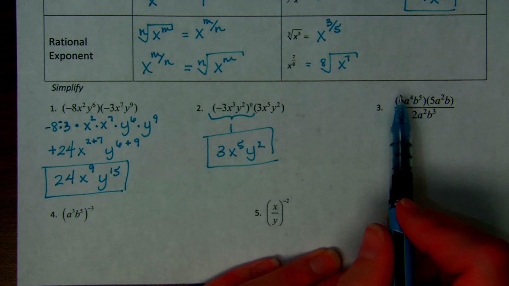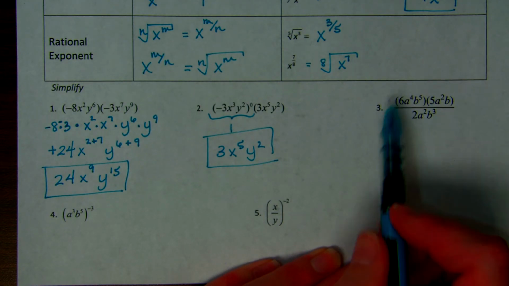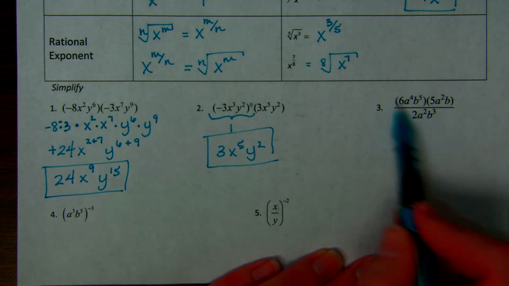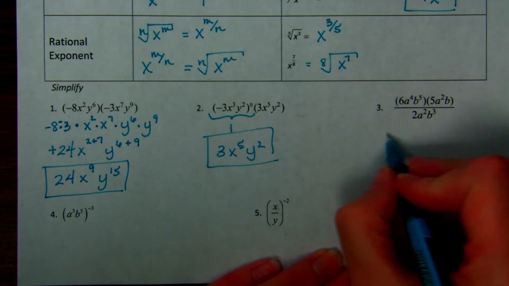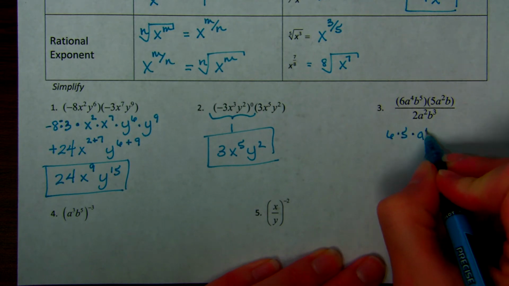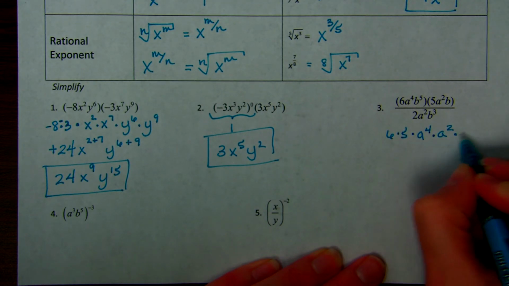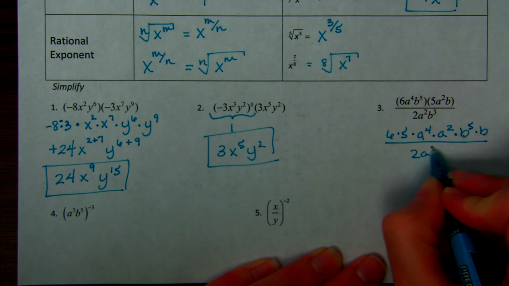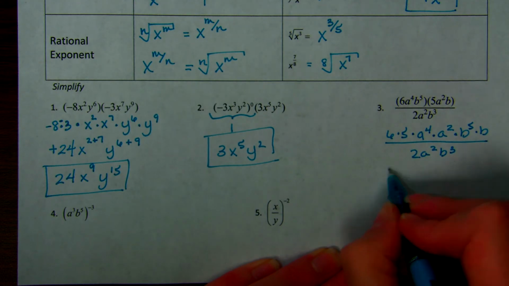All right, this one combines the multiplication of terms with division. Guys, do the multiplication first. Deal with the top first. So it's 6 times 5 times a to the 4th times a squared times b to the 5th times b, all over 2a squared b to the 3rd.